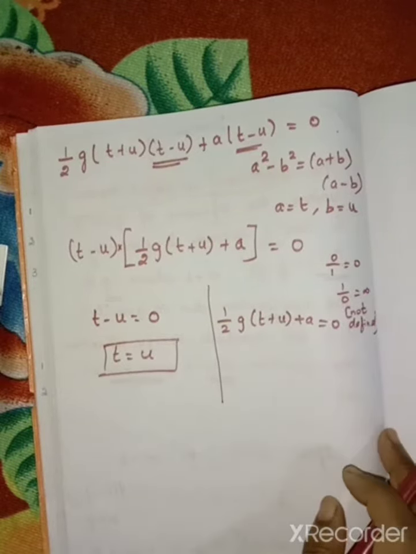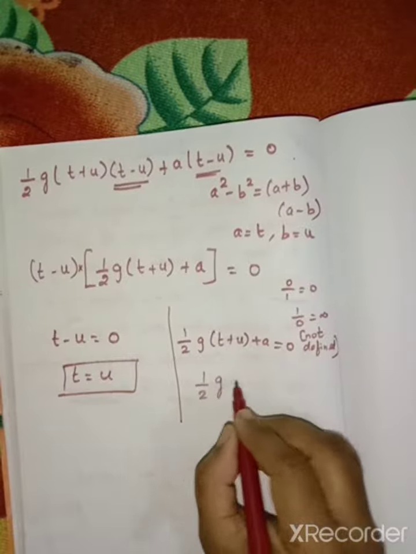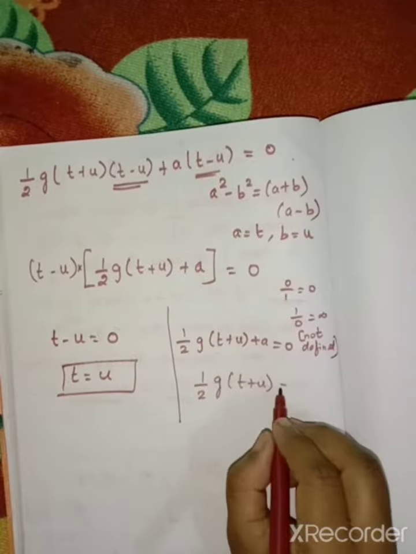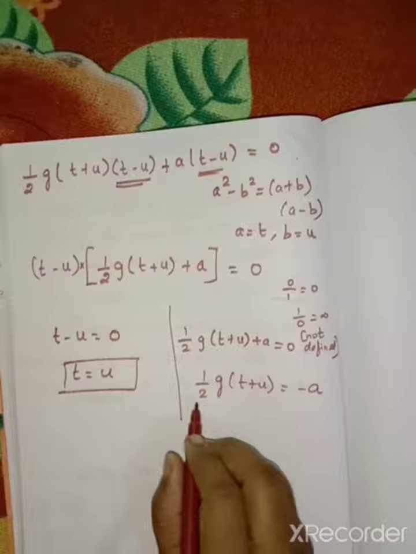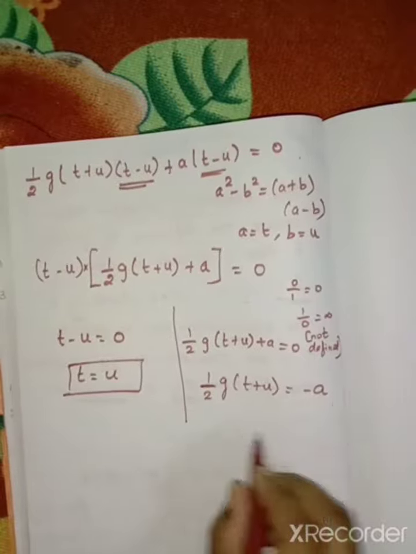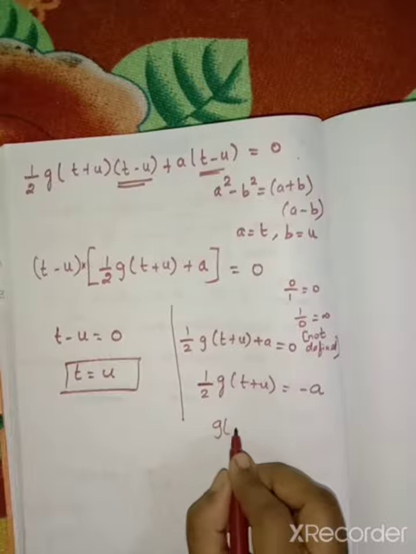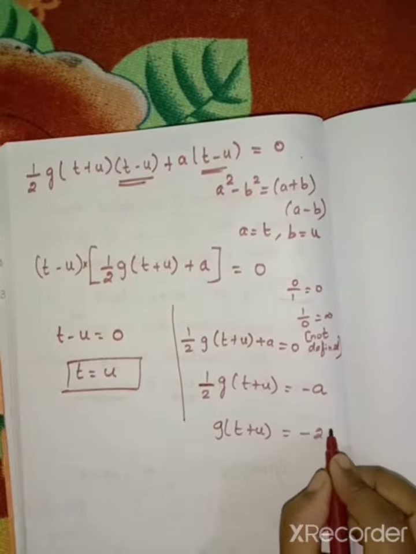Likewise, here we solve: 1 by 2g times t plus u plus a, the a goes to that side as minus a. Then the 2 goes to the numerator, so g into t plus u equals minus 2a.